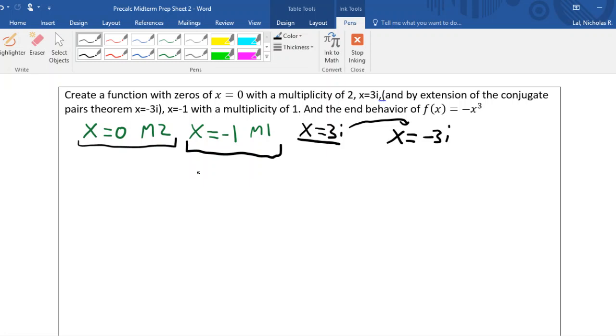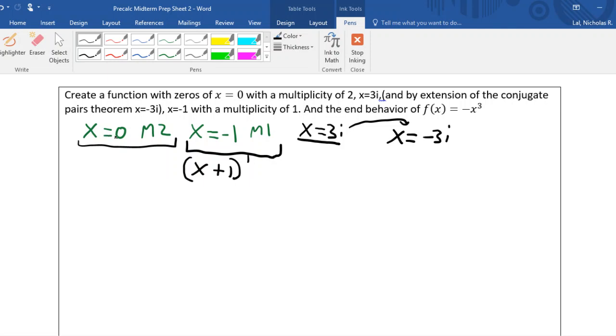All right, let's make sure we lift our heads up. Follow along. Okay, if your 0 is x equals negative 1, your factor is x plus 1. And because it's multiplicity of 1, it's raised to the first power.